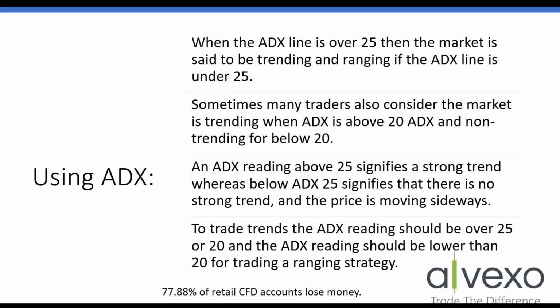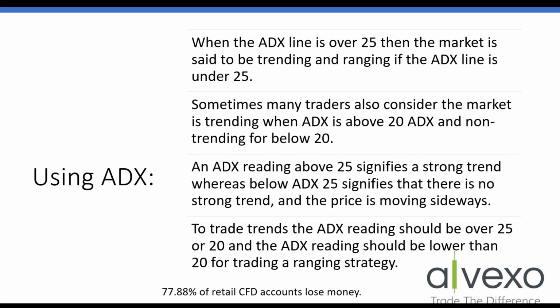Sometimes many traders also consider the market is trending when the ADX is above 20 and non-trending below 20. You can decide if you want to use 20 or 25. I always use 25. An ADX reading above 25 signifies a strong trend, whereas with an ADX under 25, there is no strong trend and the price is moving sideways.